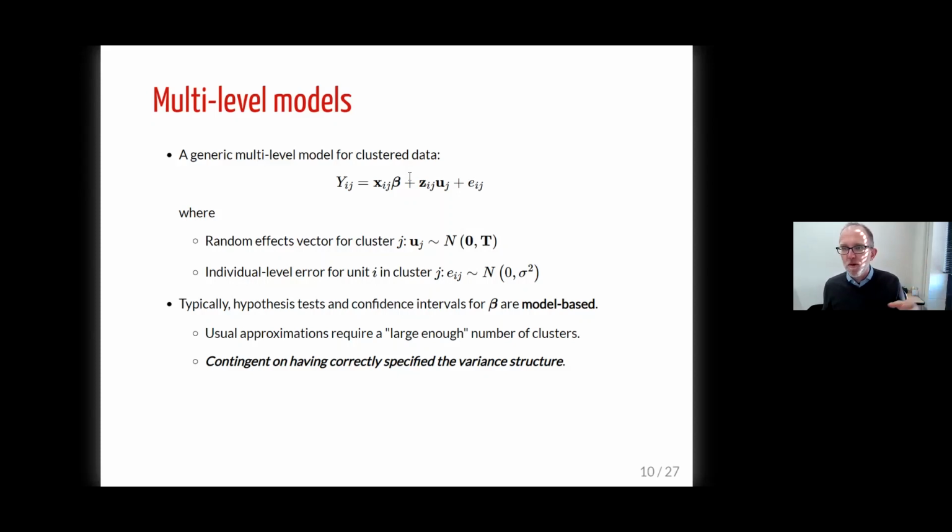Cluster robust variance estimation methods or sandwich estimators are not going to fix that. So we're still going to require that the assumptions where you would use a multi-level model hold. So yeah, they're not a panacea here.